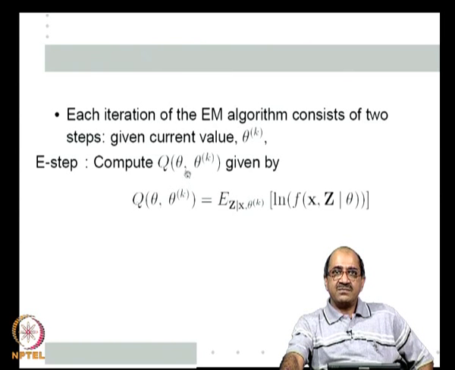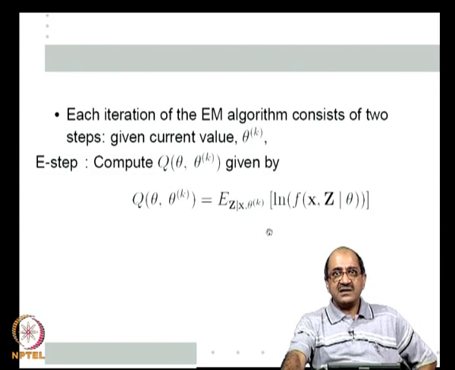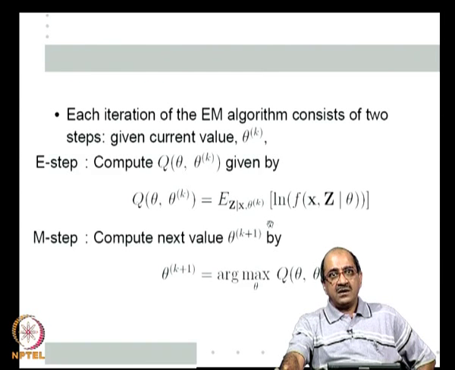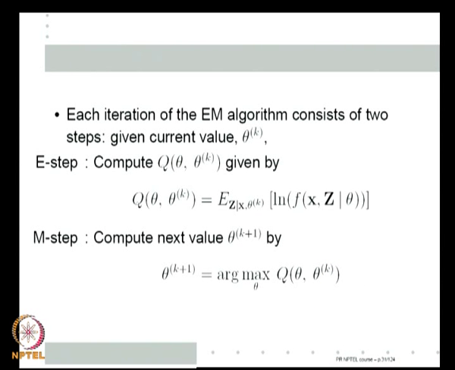There is the E step, which computes Q(theta, theta k) as the conditional expectation of the log likelihood of complete data, where the expectation is taken over the random variables z conditioned on x and theta k. And the M step, where this Q(theta, theta k) is maximized over theta to get me the next iterate theta k plus 1. Okay.